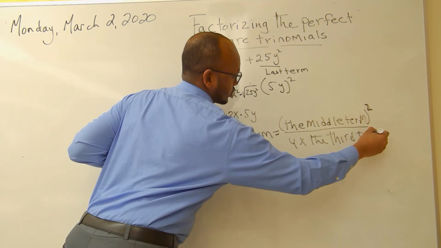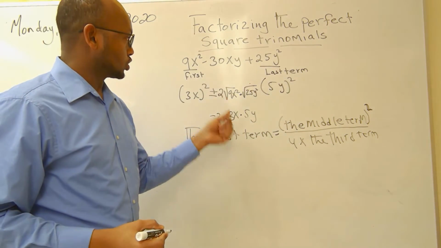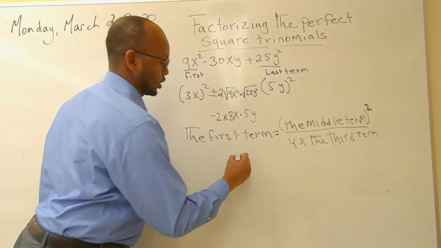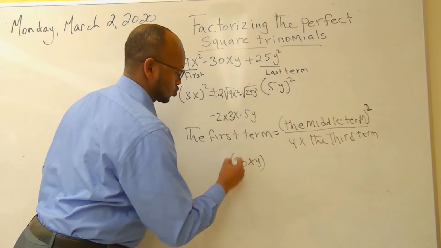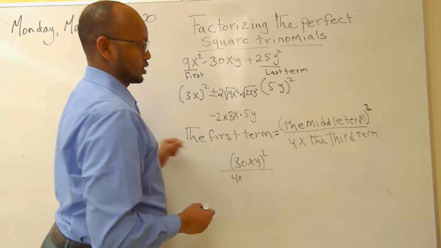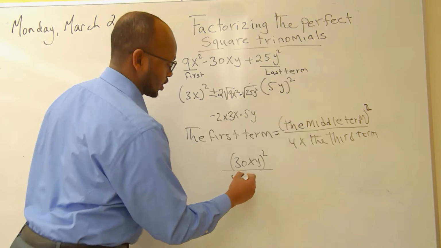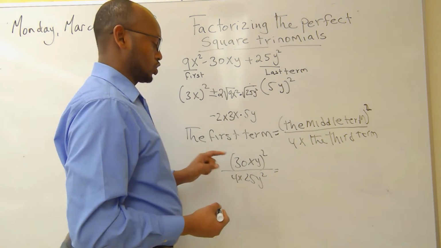Let's try this one. We take the middle term, 30xy, squared. Then we divide by 4 times the third term, which is 25y squared.